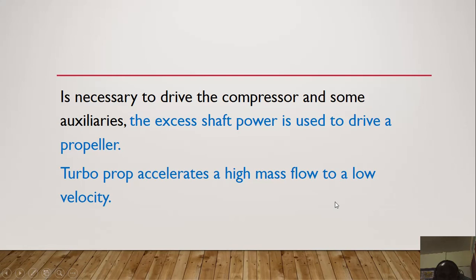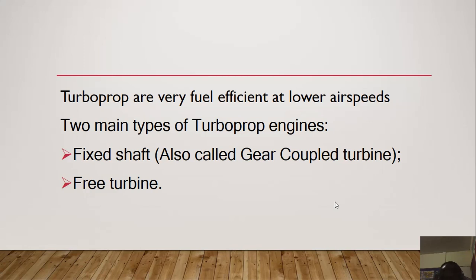In the turbofan, the excess shaft power is used to drive a fan, but here in the turboprop, it is used to drive a propeller. So a turboprop accelerates a high mass flow to a low velocity. Turboprops are very efficient at low air speeds.